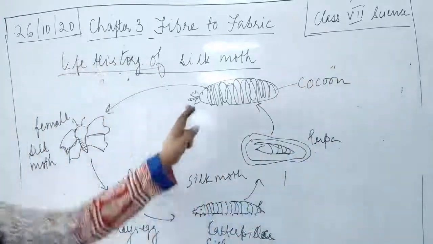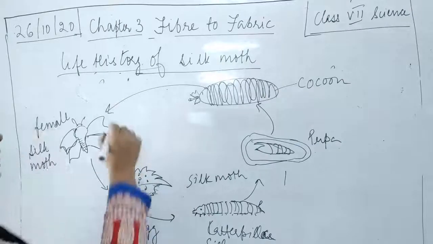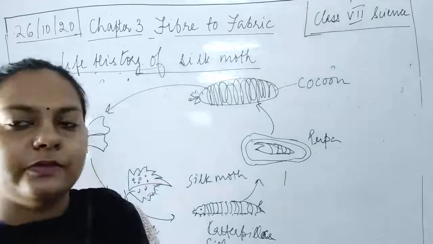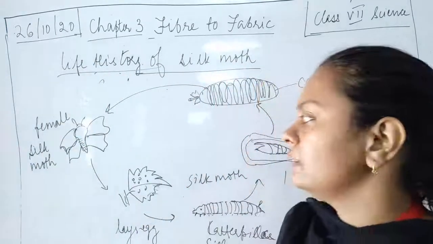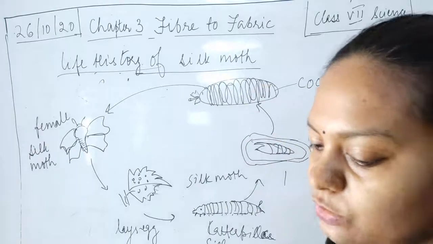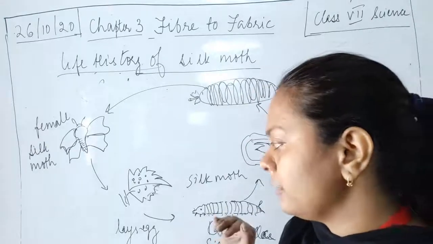This cocoon helps in the hatching of the adult silk moth. Again they eat the mulberry leaves, live on them and grow, and then they lay eggs.